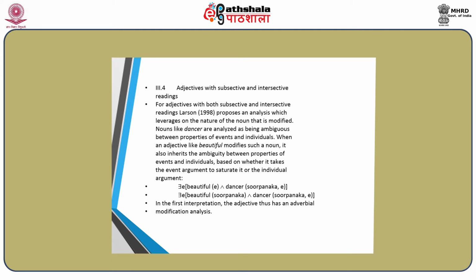When an adjective like beautiful modifies a noun, it also inherits the ambiguity between properties of events and individuals, based on whether it takes the event argument or the individual argument to saturate it. That's what you see in the formula given there. In the first interpretation, the adjective thus has an adverbial modification analysis.